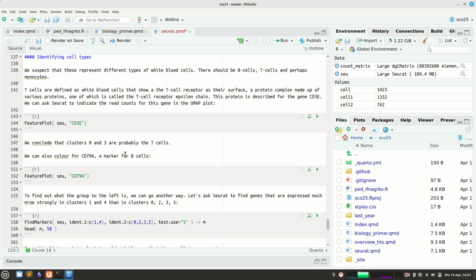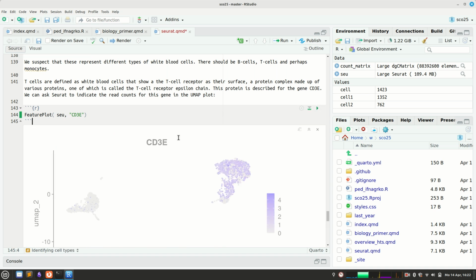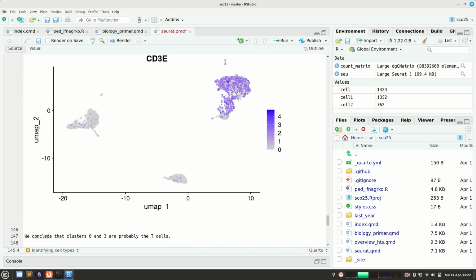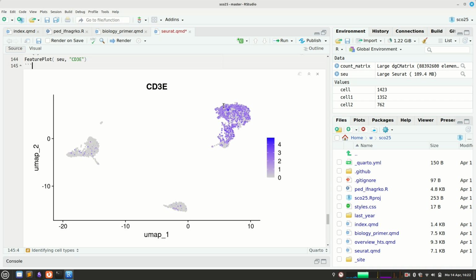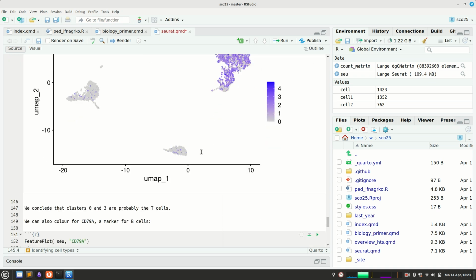And this T cell receptor is made up of a group of six proteins, one of which is called CD3 epsilon. What we can hence do is look again at our plot, and now we color each cell by how many counts we got in this cell for the CD3 epsilon gene. And we know these are the T cells.